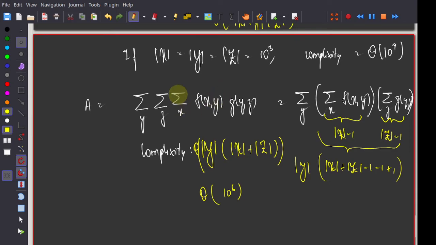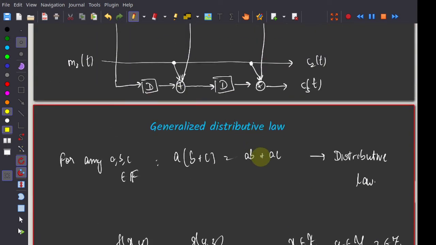So you have AB plus AC, you write it as A times B plus C, and you somehow magically get fewer operations. It can be seen right here, right? Here you have 2 multiplications and 1 addition, whereas in this case I have 1 addition and 1 multiplication.